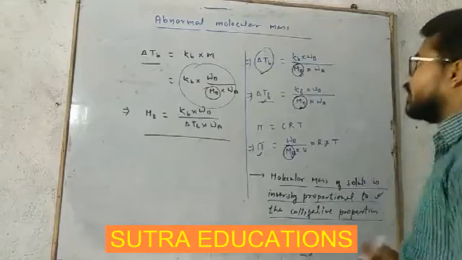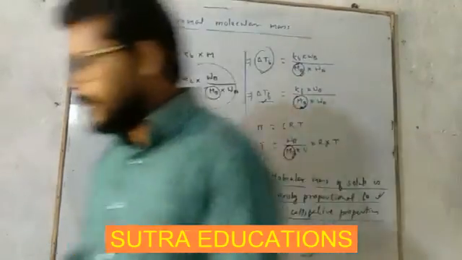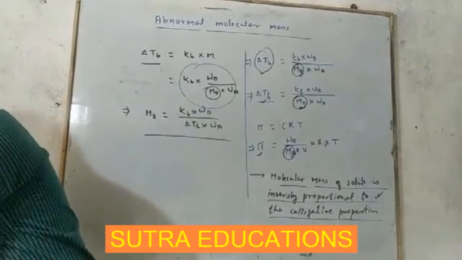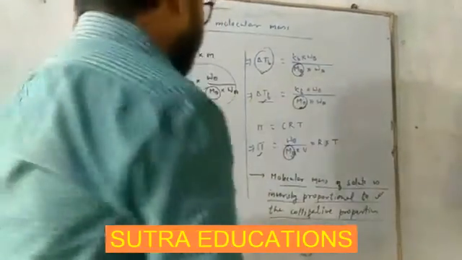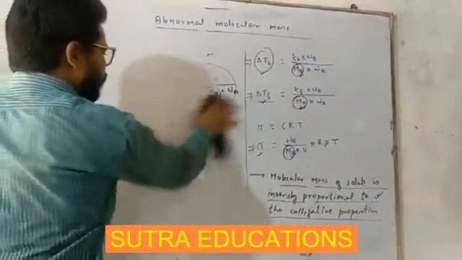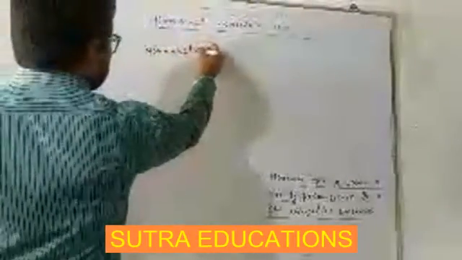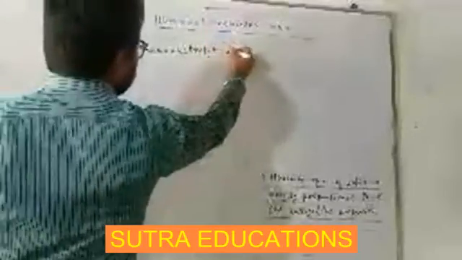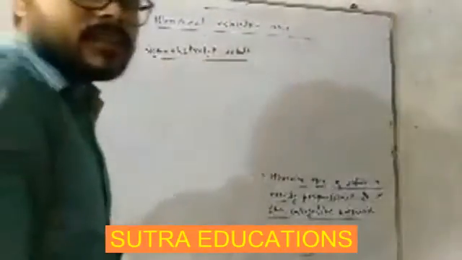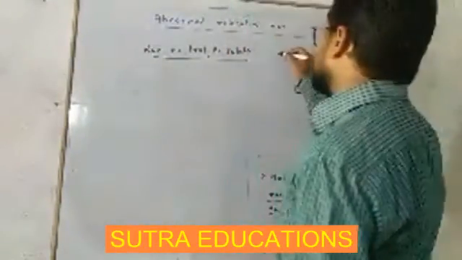Now come to what is abnormal molecular mass. Before understanding this, we will try to remind one thing. I told you about non-electrolyte solute, and the other I told you is electrolyte solute.